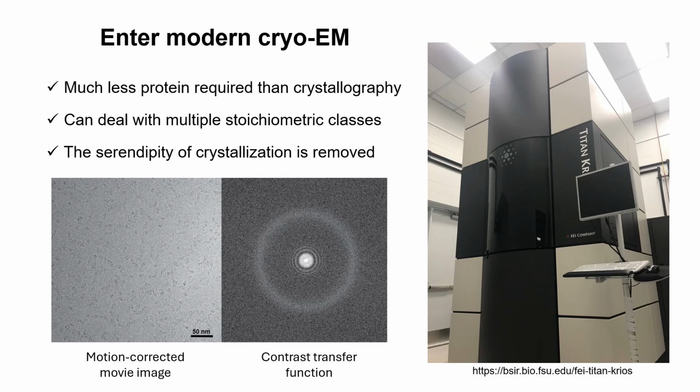The second was that it enabled us to deal with multiple stoichiometric classes simultaneously, and that was always a concern. We didn't know the stoichiometric mix of insulin and receptor that we had in our preparations. And the third was that the whole question of crystallization is no longer an issue. So we latched onto this technology as rapidly as we could.